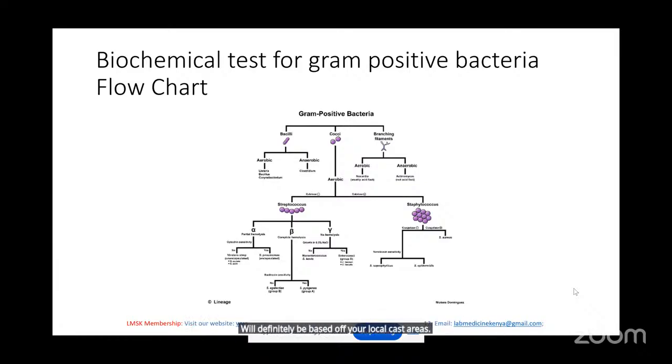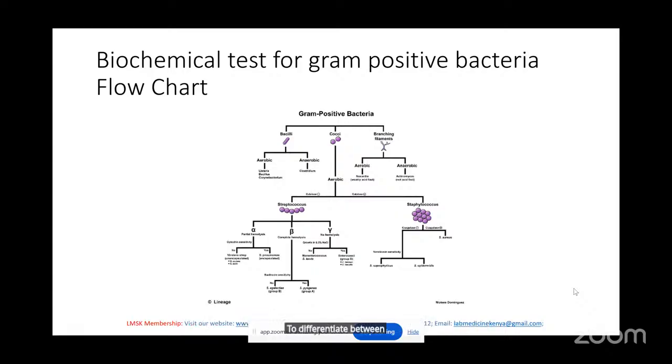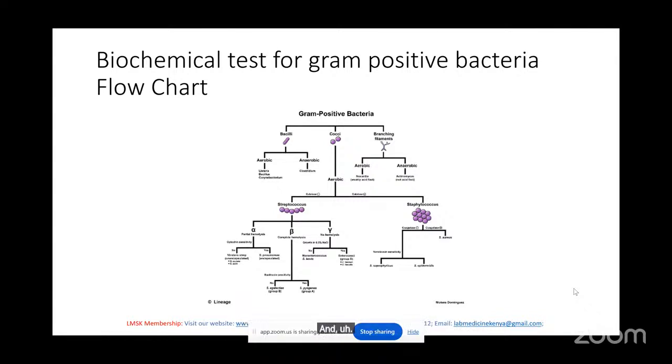So how do you differentiate between your coagulase negative Staphylococci? You do novobiocin sensitivity to differentiate between Staphylococcus saprophyticus, which we've said is novobiocin resistant, and Staphylococcus epidermidis, which is novobiocin sensitive.